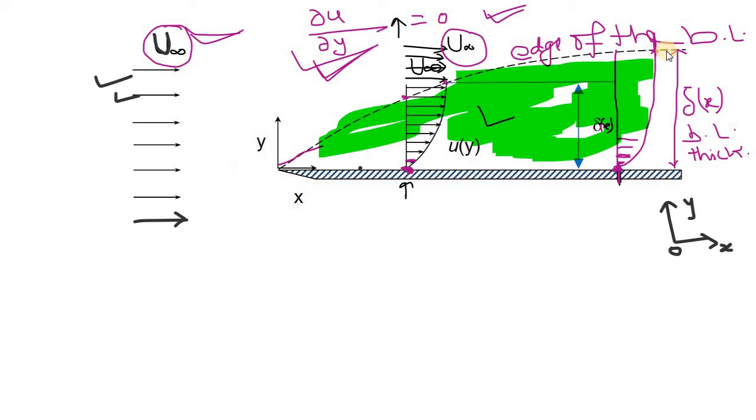It is not that this distance delta x is very large. It is a very small, very thin region adjacent to the surface of the plate. So with this understanding, we will move towards deriving the boundary layer equation.